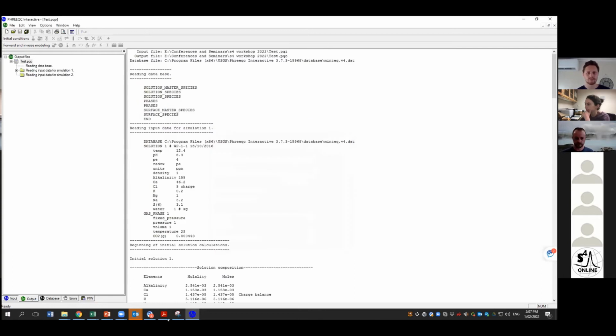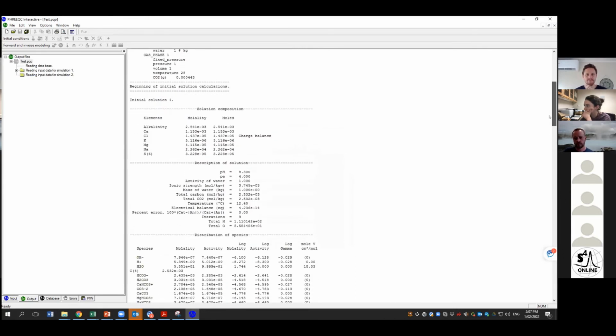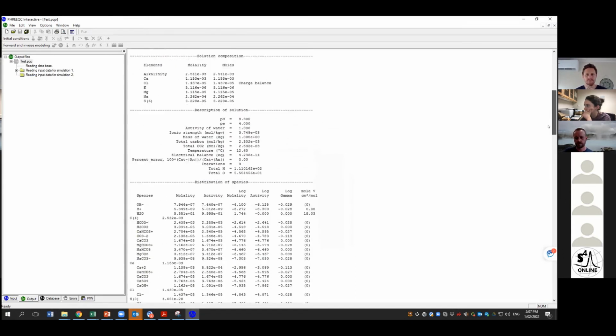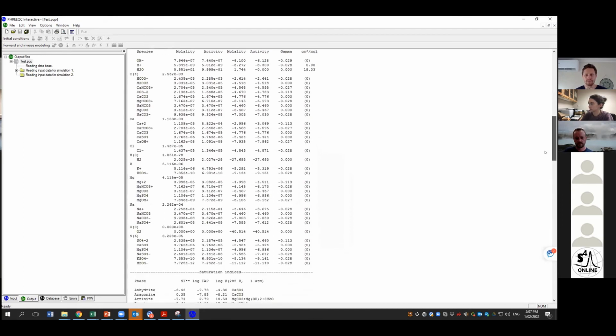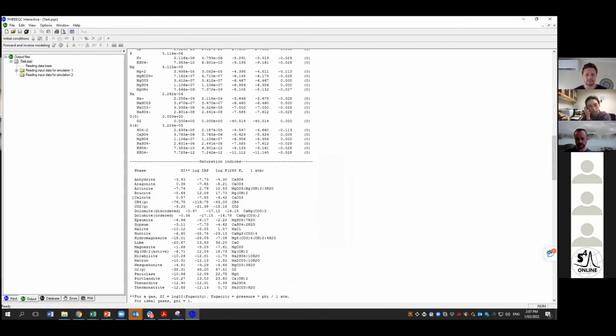All right, so skipping to the output, everything should be as before. The percent error is still 0, and the components are as they were, and the calcite saturation index is still 0.57.